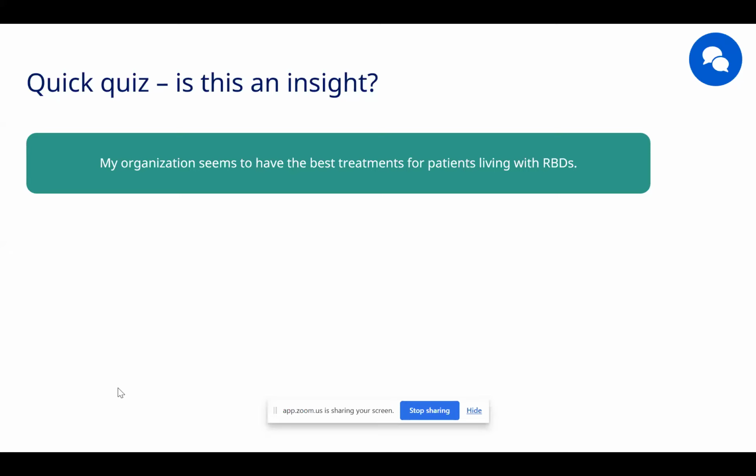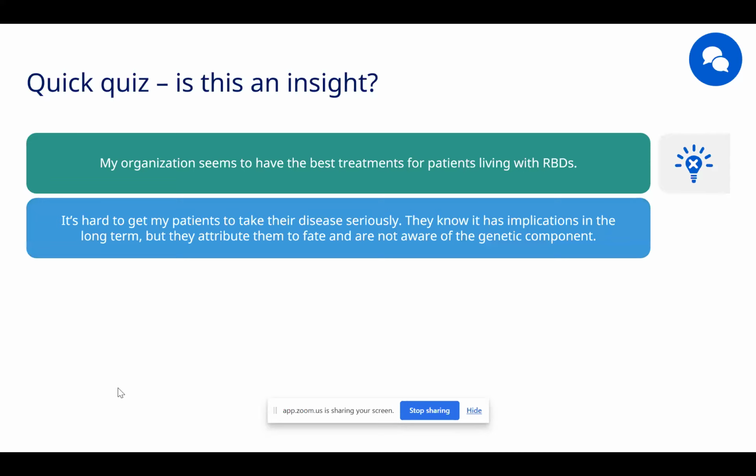What do you think? "My organization seems to have the best treatment for patients living with rare blood disorders." Can anyone say what this is? Is it information or an insight? Please unmute. Information. Yeah, correct. So it's just information.